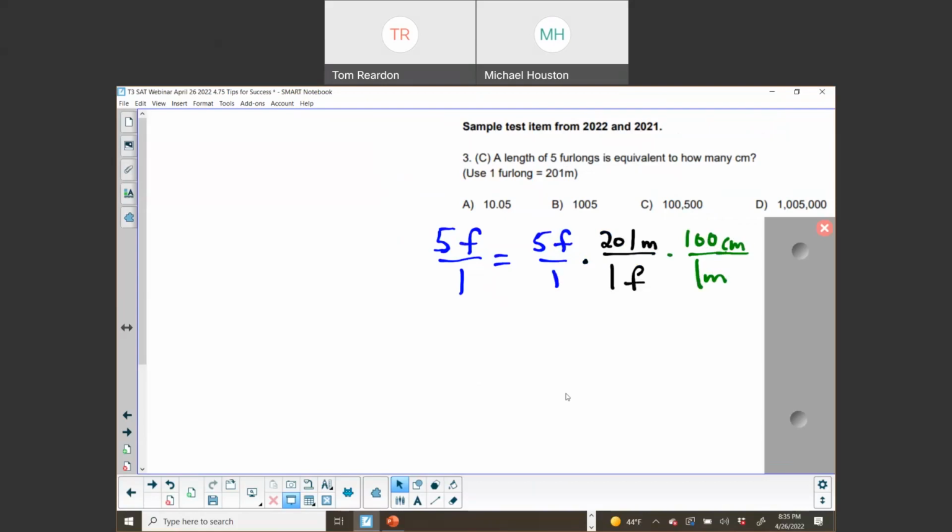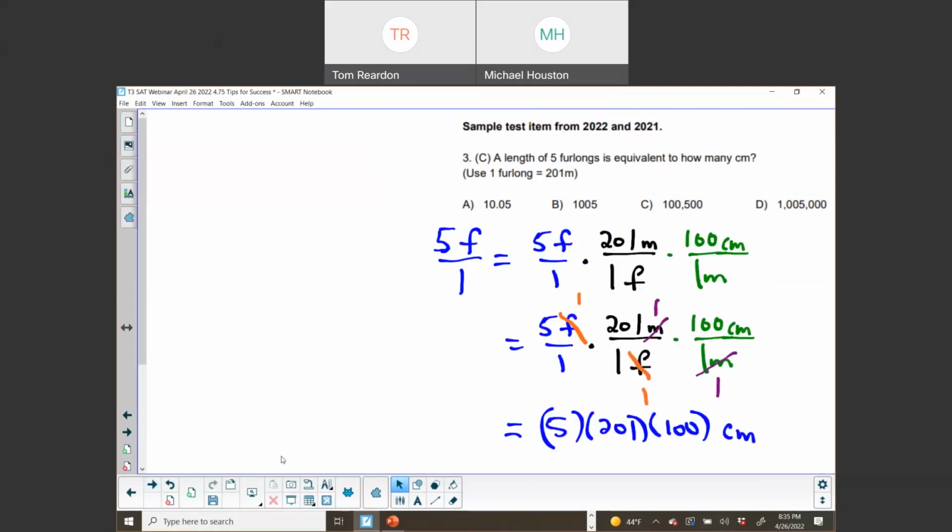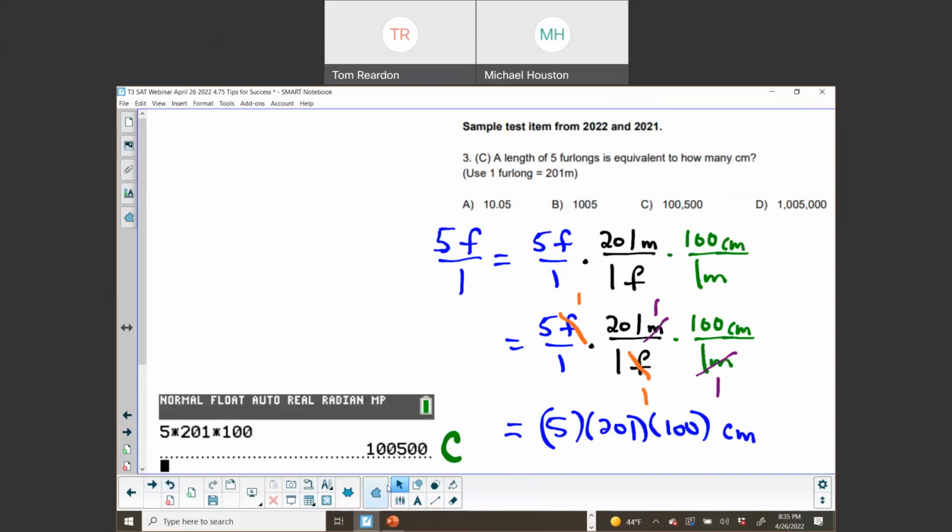And I want these again to divide out. So when I divide out the common units and make ones, I'm left only with centimeters. And when I do the calculation, I get 100,500, which is letter C. Again, not a difficult one, but for some students, it could be, I have no idea. So there's units.